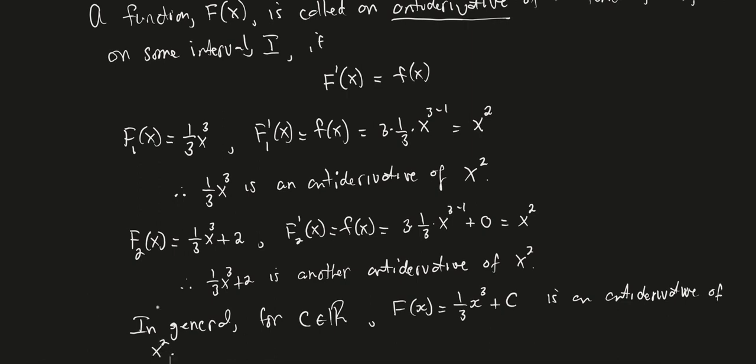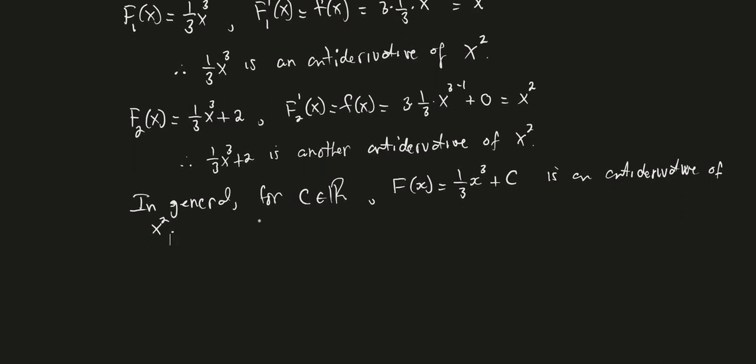Because if I take the derivative of 1/3 x cubed plus c, then as long as c is a constant, I will always get x squared, right?